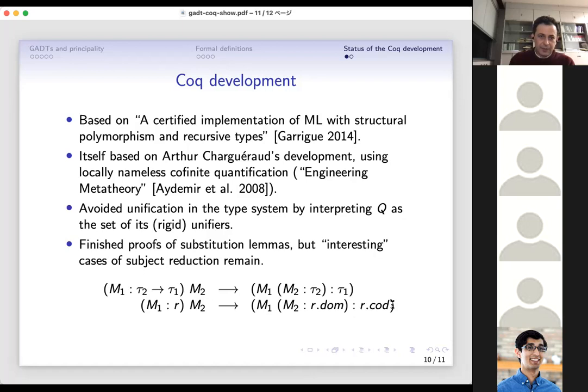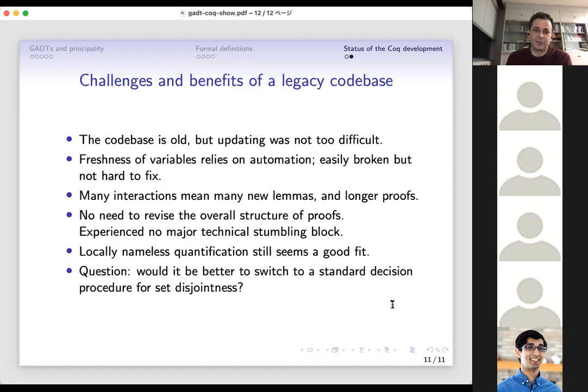Also, observations about what we've been doing so far concern the challenges and benefits of starting from a legacy code base. In many cases, when you have such a code base, you will discard it and start anew. But in our experience the code base is old, but updating was not that difficult. For instance, freshness of variables relies on automation, and this is easily broken, but we could fix it. Many interactions mean many new lemmas, of course, and longer proofs.